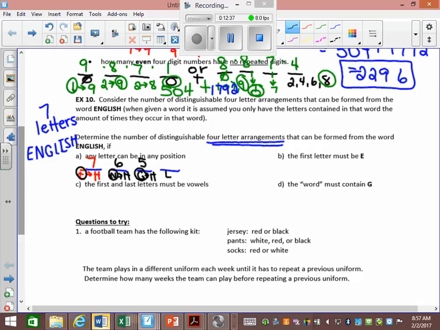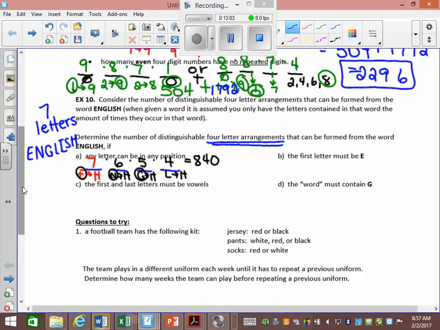Then I'd have L to H still left, which means I have 4. So I go 7 times 6 times 5 times 4. I can't go 7 factorial because 7 factorial represents 7 by increments going down by 1 all the way to 1, right? This doesn't get to 1. So I have to go 7 times 6 times 5 times 4. What do you get? 840.